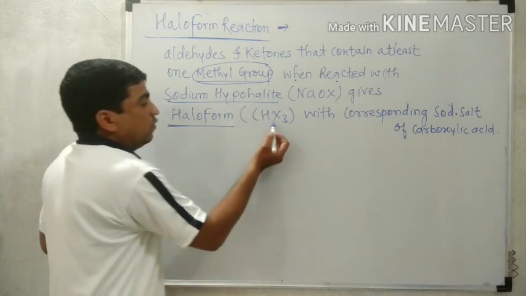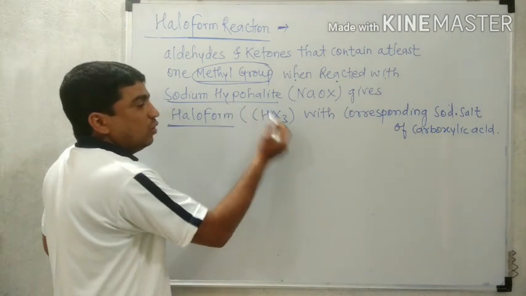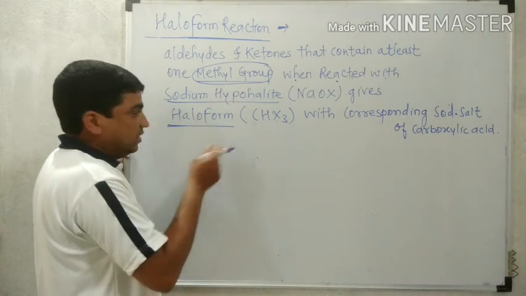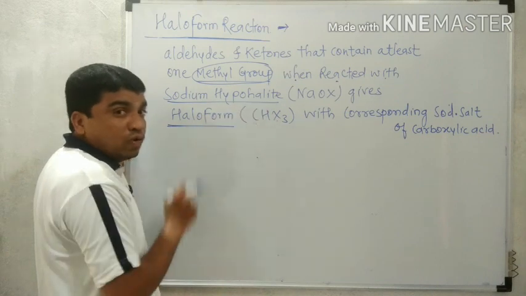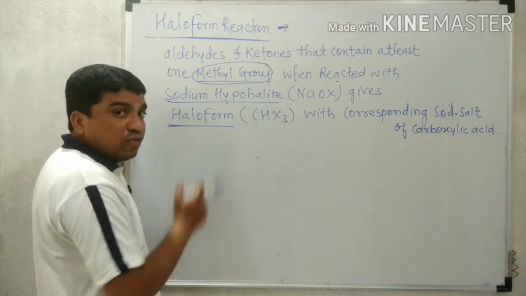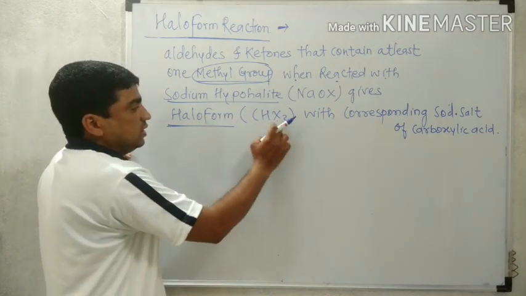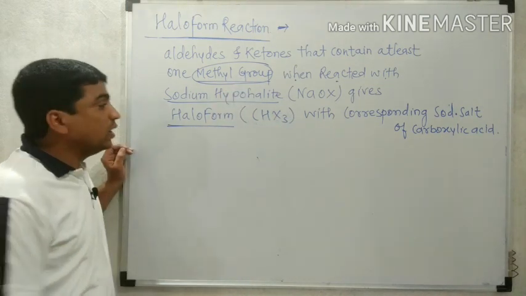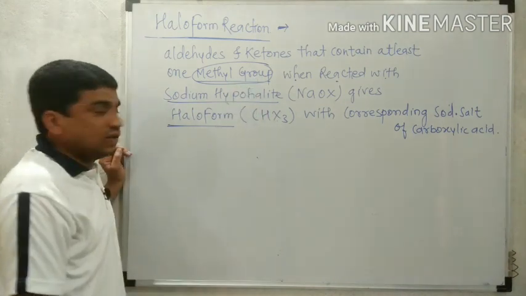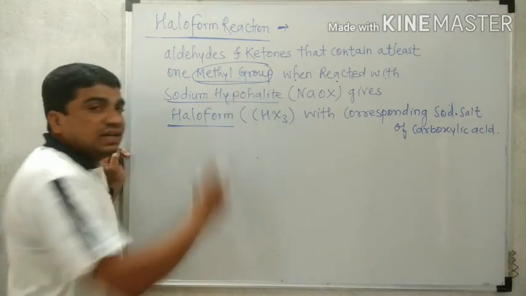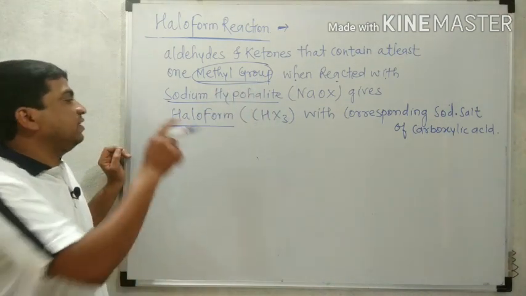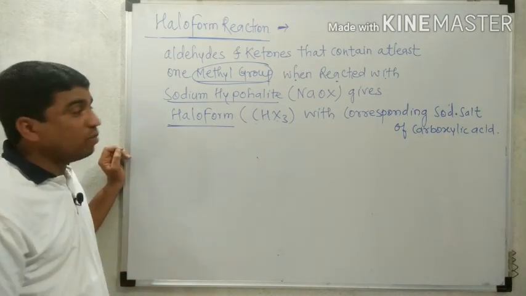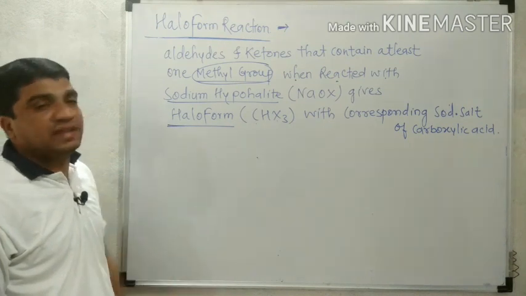For example, if X is the halogen chlorine, the formula is CHCl3, called chloroform. Examples of haloform: in place of X, if Cl, CHCl3, chloroform. If iodine, the formula is CHI3, iodoform. This is called haloform, chloroform or iodoform, obtained as the product in this reaction.